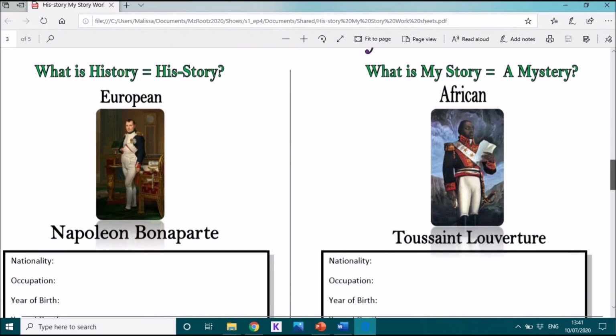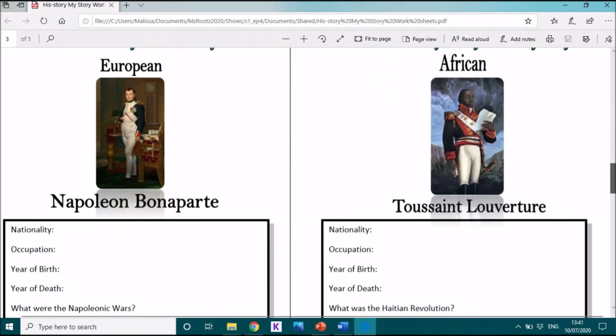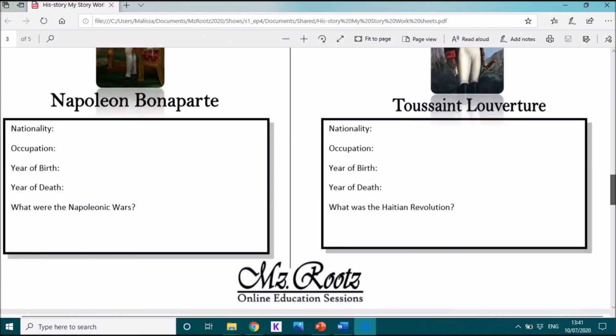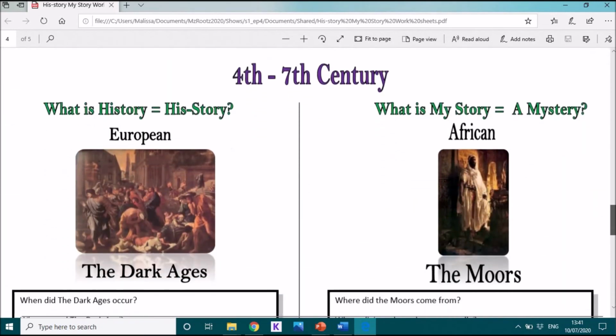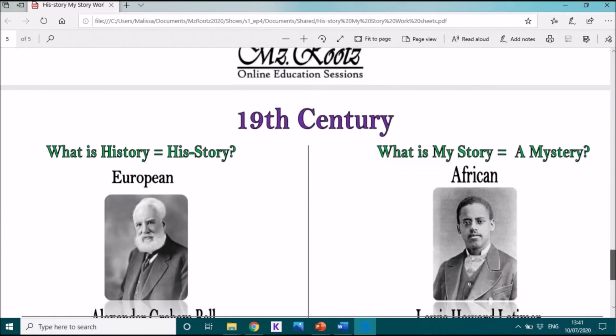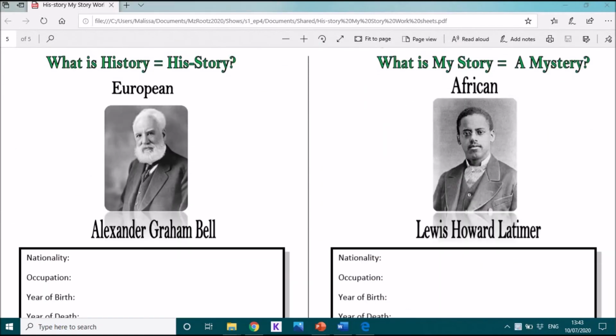So it's asking you to complete the profiles of, for instance, Napoleon and Toussaint. Okay, we have another one here, the Dark Ages and the Moors, and the 19th century. So you will be comparing European and African history, but more specifically looking closer at Alexander Graham Bell and comparing him with Lewis Howard Latimer.